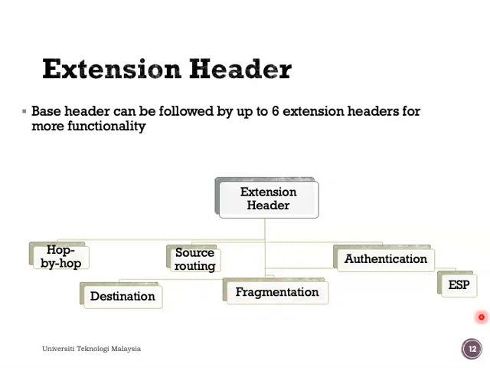A source must use path MTU discovery to find the smallest MTU supported by any network on the path of that packet. We will have a look at the fragmentation of IPv6 in the next lesson. And the next one is authentication.